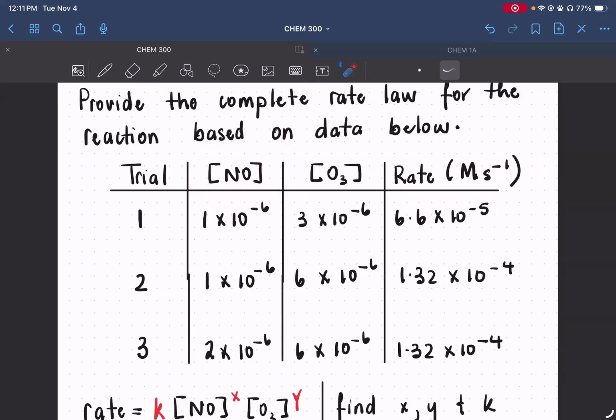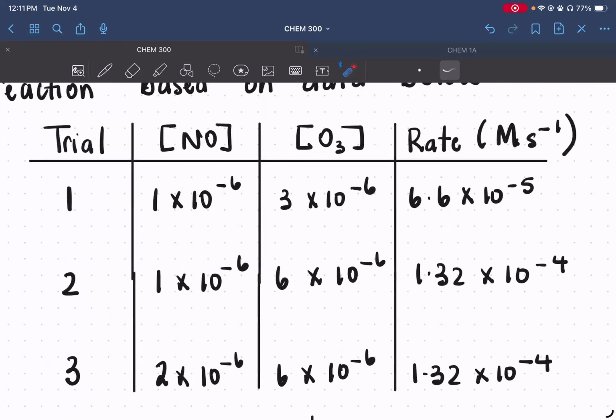What exactly does that mean? Why do we do that? Well, I'm going to go ahead and give us a spoiler alert. The two trials that we'll be picking are trial 2 and trial 3. Here's why.